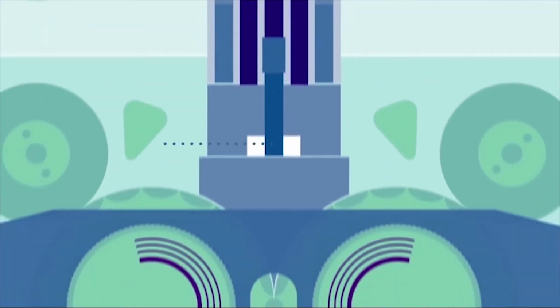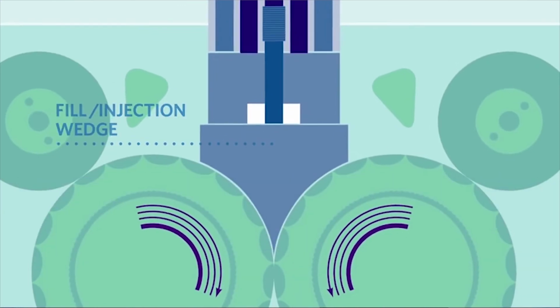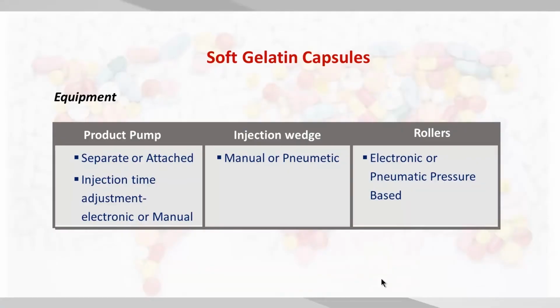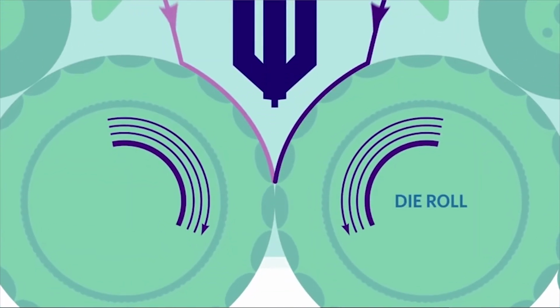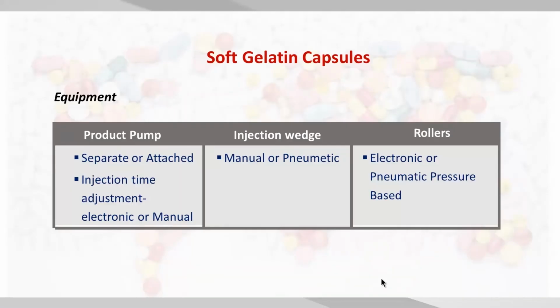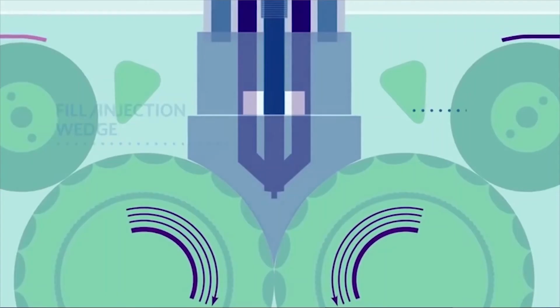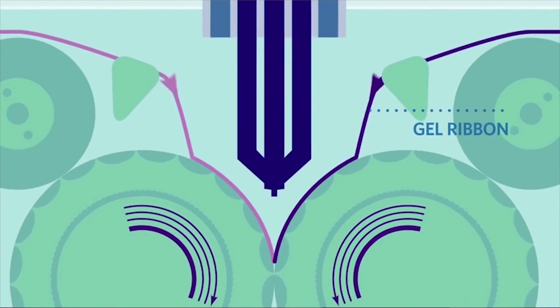The next important part of that equipment is the injection wedge. It could be a manual wedge or a pneumatic wedge. Pneumatic means pressure based. The rollers could be electronic or pneumatic pressure based. The roller should be attached with the internal heating system. After the rollers, there is a ribbon system in the soft gelatin capsule filling equipment.